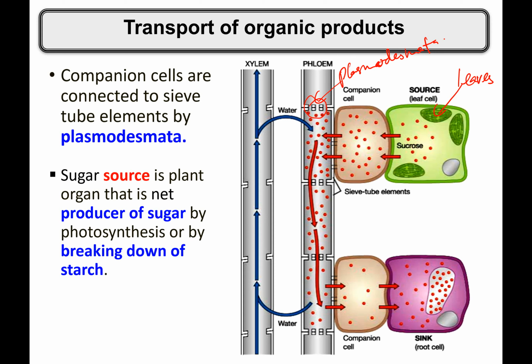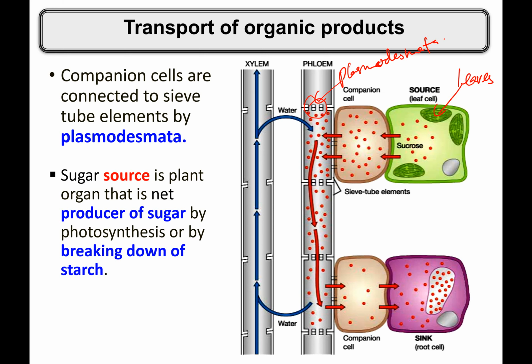And then, a sugar source is a plant organ that is a net producer of sugar by photosynthesis or by breaking down of starch. The main point here is how to discuss translocation in detail.